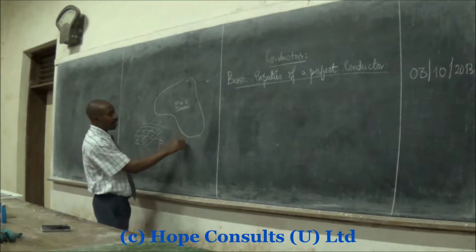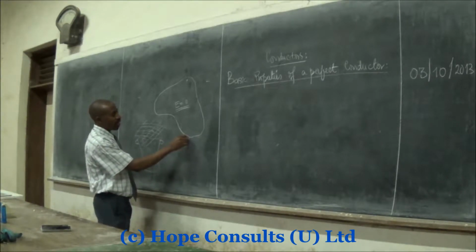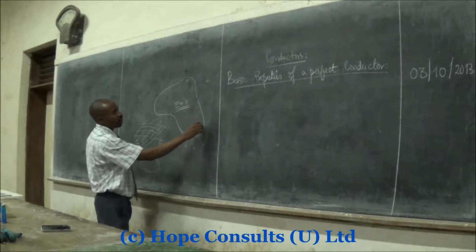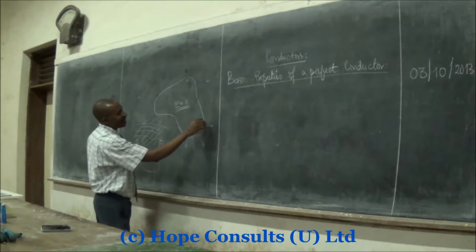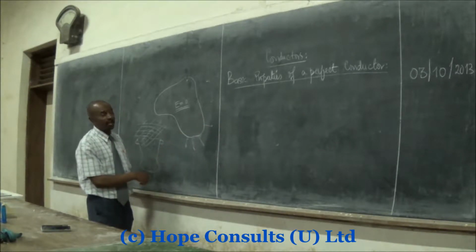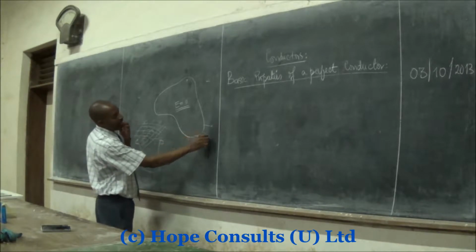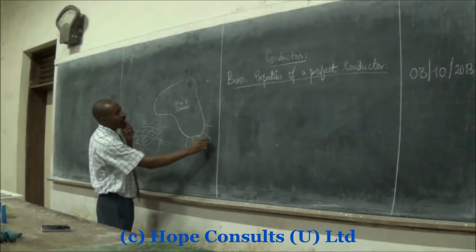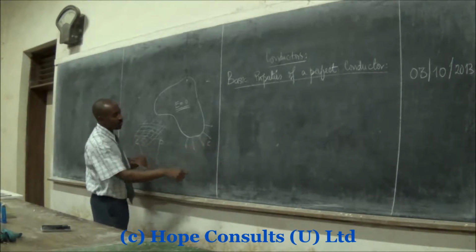You only find electric field outside, and it is always perpendicular or normal to the tangent to the surface of the conductor. I can't draw all these arrows everywhere.